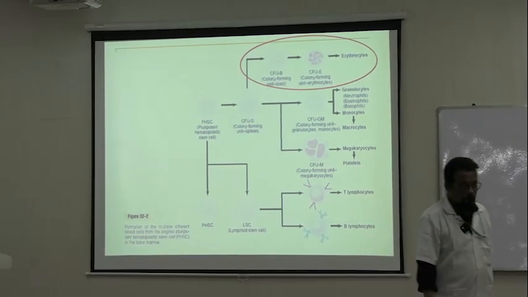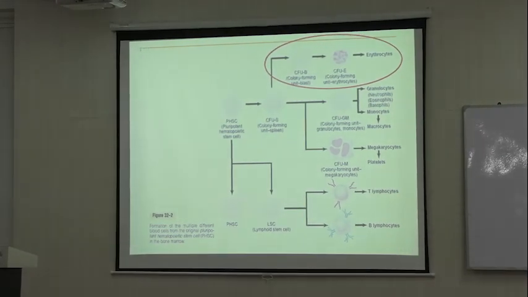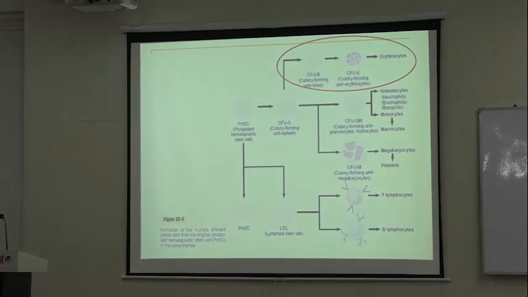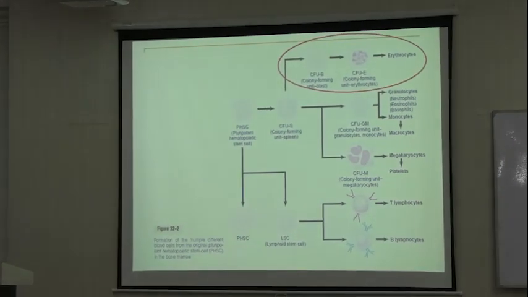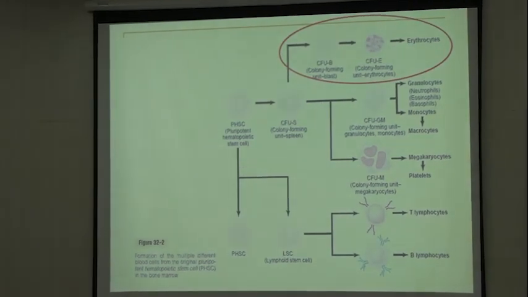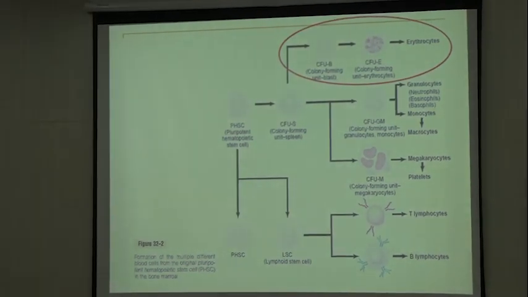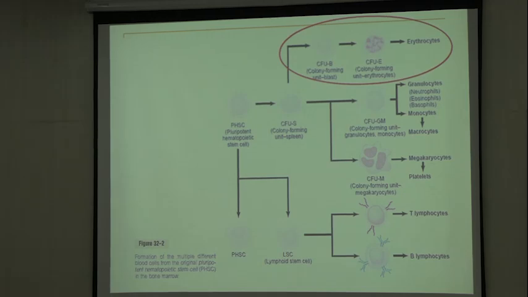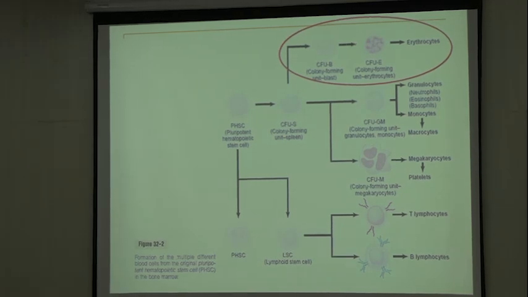C for colony, F for forming, U for unit: colonies of RBCs, colonies of WBCs, colonies of platelets. That's why they are called colony forming units.